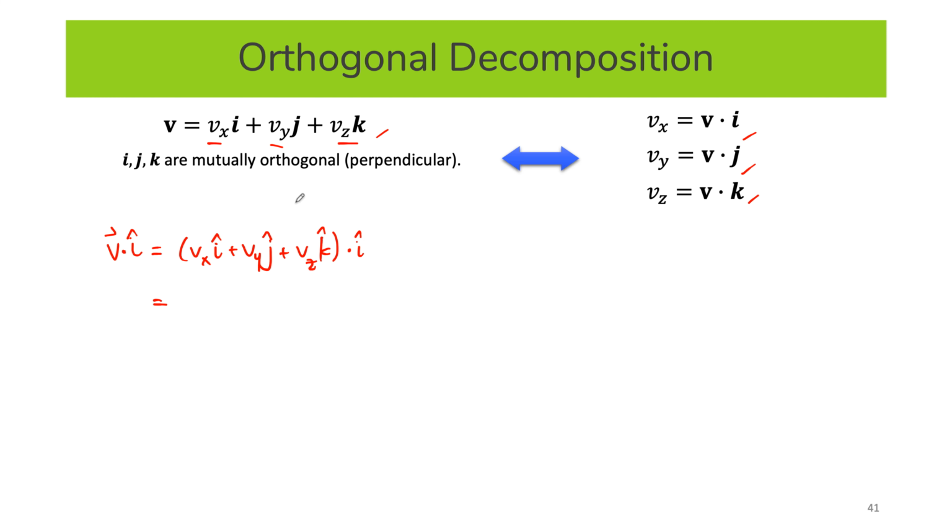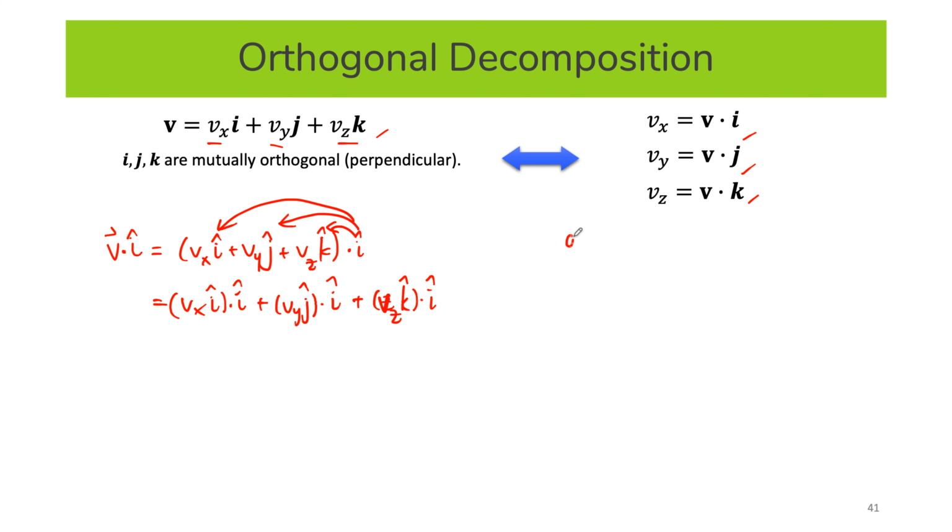What I can do here is I will distribute i to every term inside the bracket. So the first one is going to be this vx i dot i, plus the second term vy j dot i, plus the last term vz k dot i.